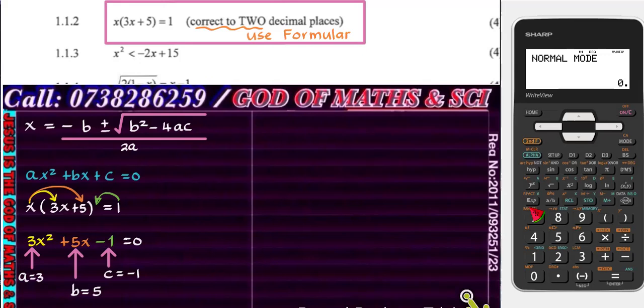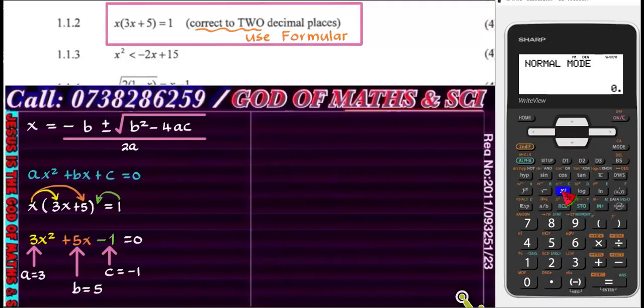All right, let me take your calculator first. Hold on. I want to display it and show you what to press on your calculator. All right, fine. So now let's put these values in that formula.